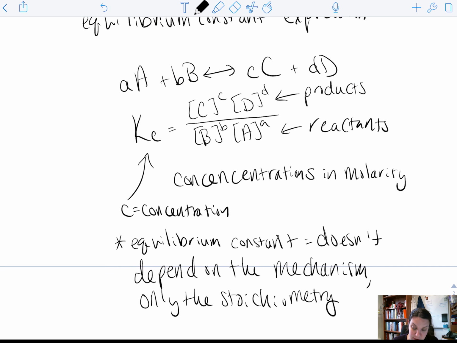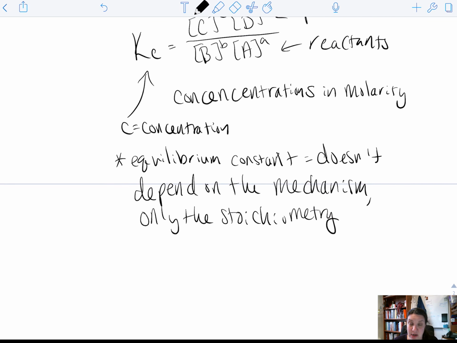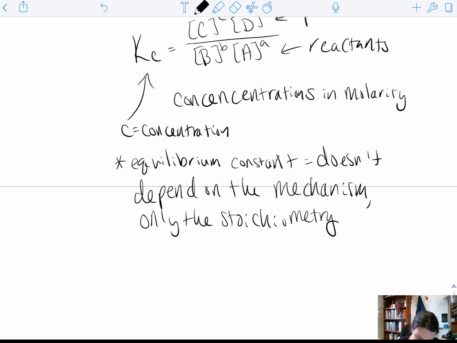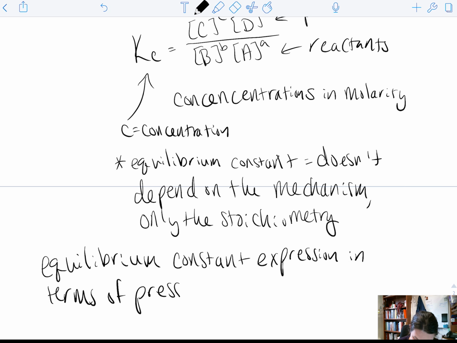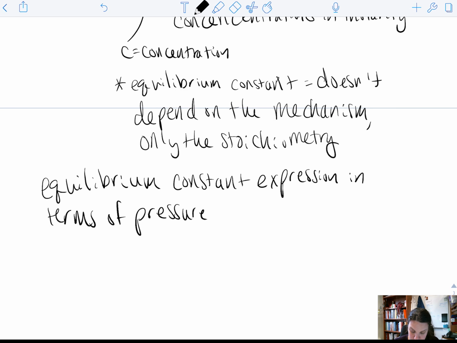Okay, our equilibrium constant can also be expressed in terms of pressure. So our equilibrium constant expression in terms of pressure. We call this Kp, if we were talking about in terms of pressure.